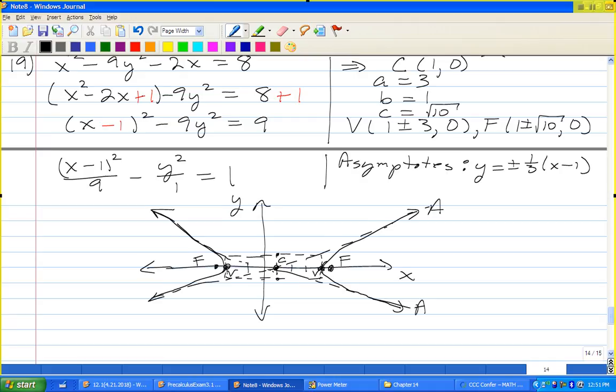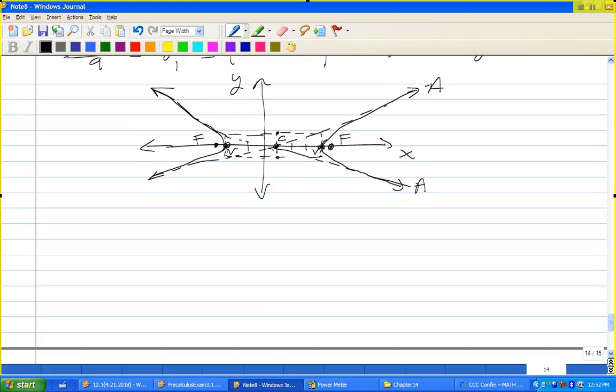21. Negative 4x squared negative 8x plus y squared minus 4y minus 4 equals 0.